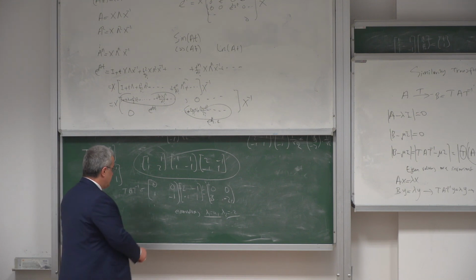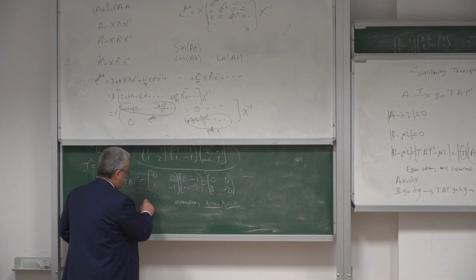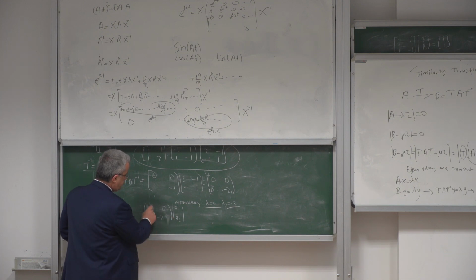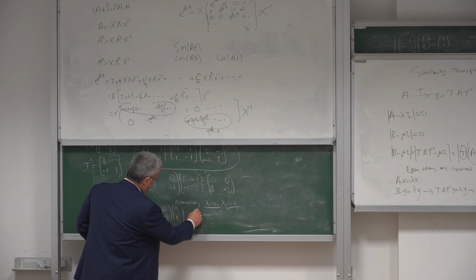And eigenvectors, so this is [0, 3; 0, -2] minus lambda times x1, x2. So for lambda equal to 0, minus lambda, right? Lambda equal to 0, so what do you have? 3x1 is equal to 2x2.